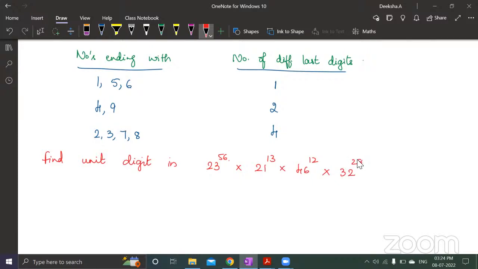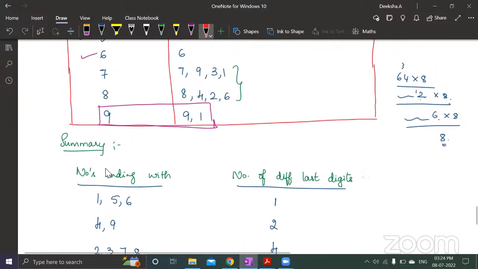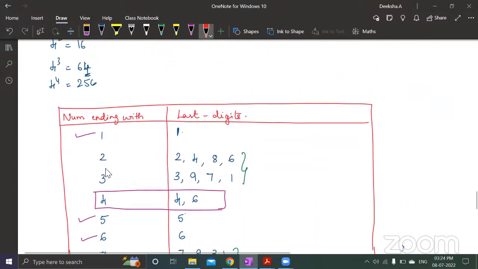This is the question that you get, and you're supposed to find only the unit digit.